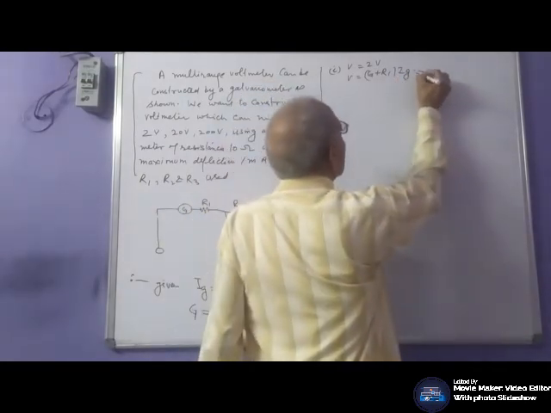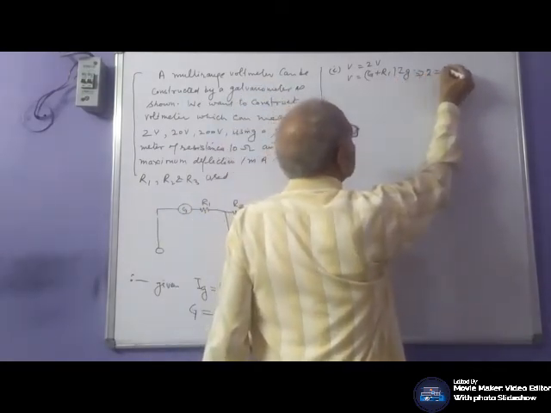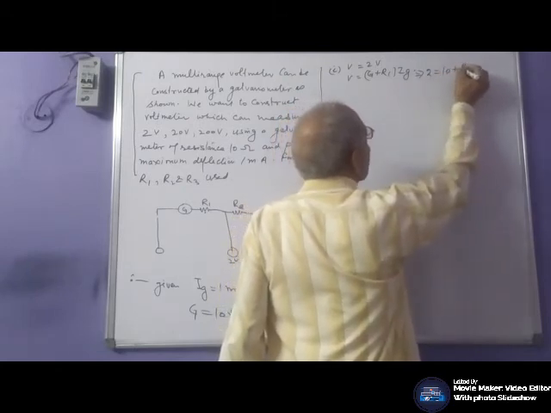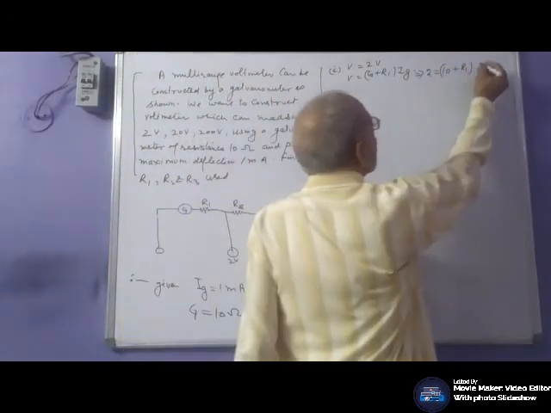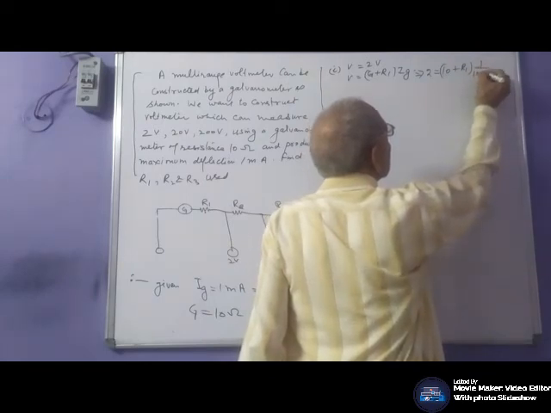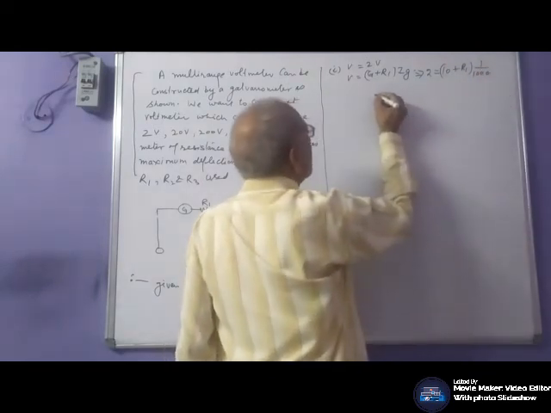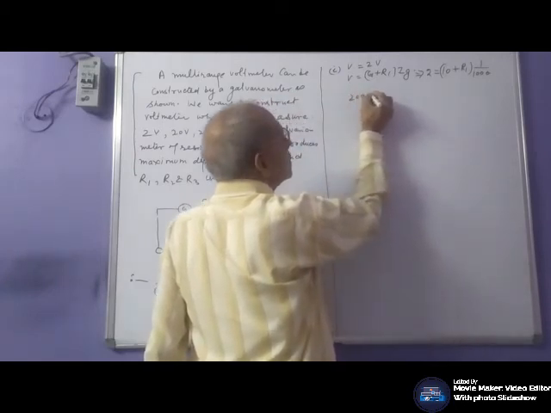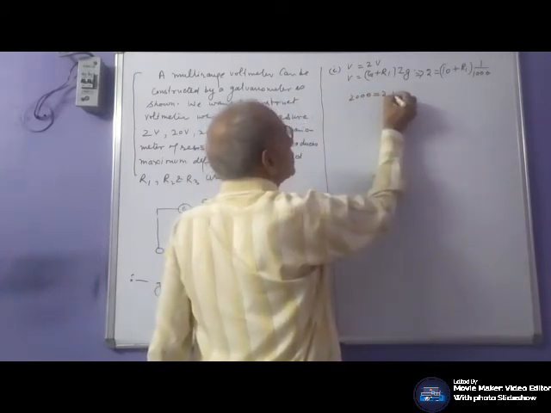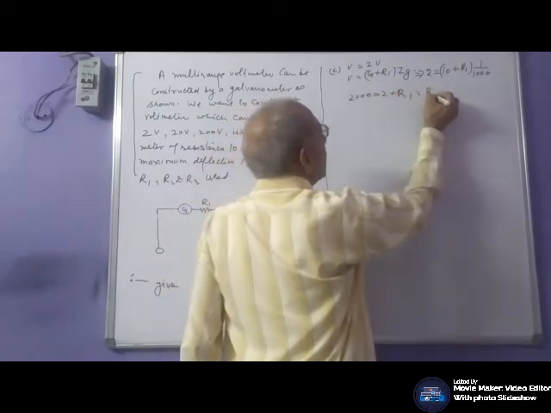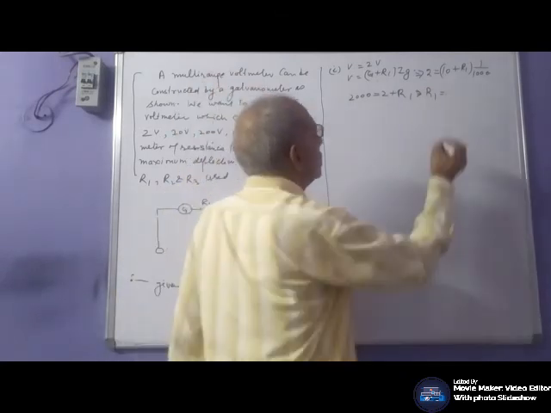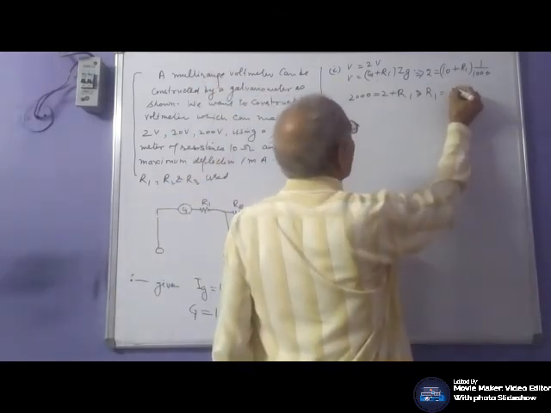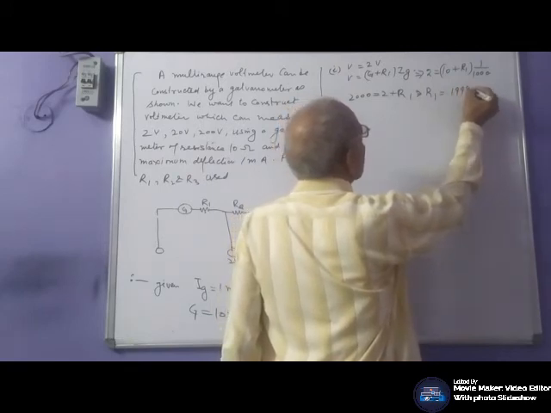So it is 2 equals G 10 plus R1 into Ig, 10 to the power minus 3. So it is 2000 equals 10 plus R1, or R1 is 1990 ohm.